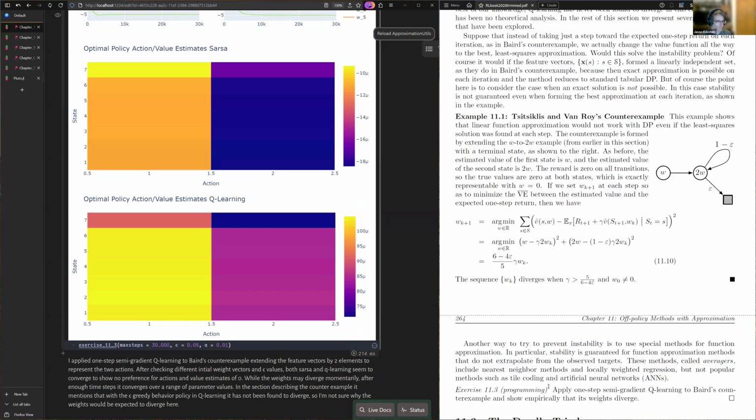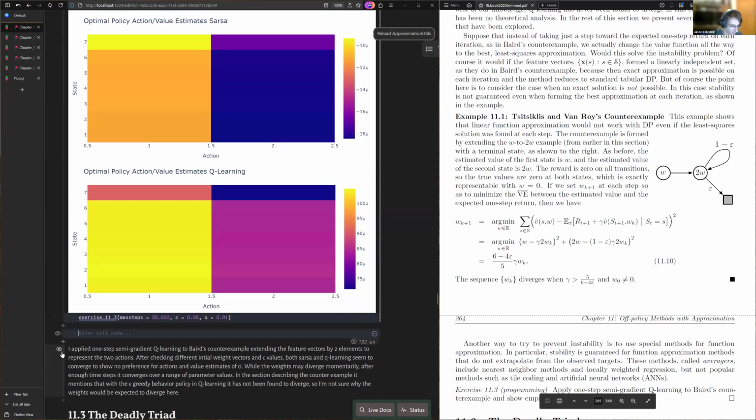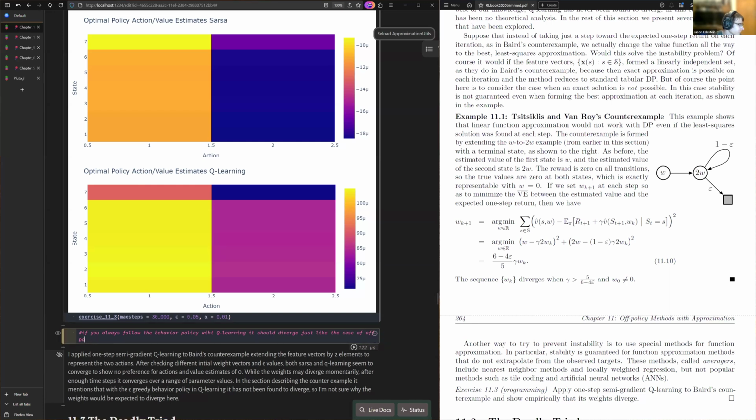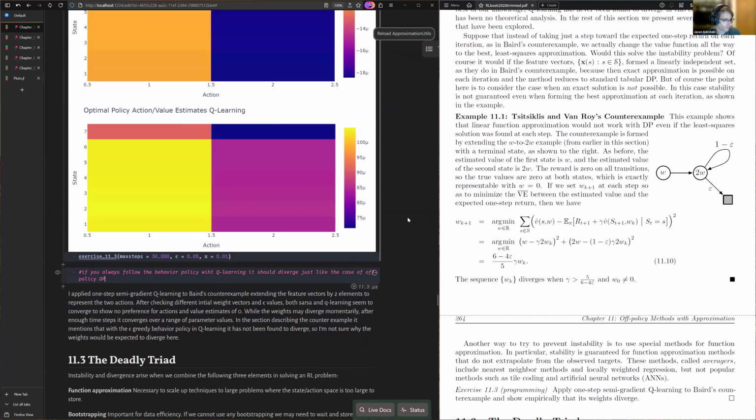But similar to what I already said, it seems like if the behavior policy is sufficiently close to what you're trying to optimize, you shouldn't have this divergence, at least with this example.